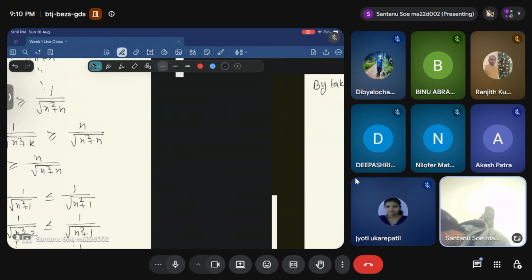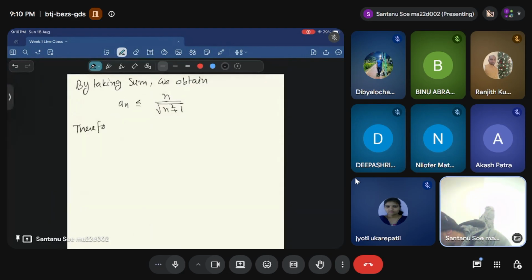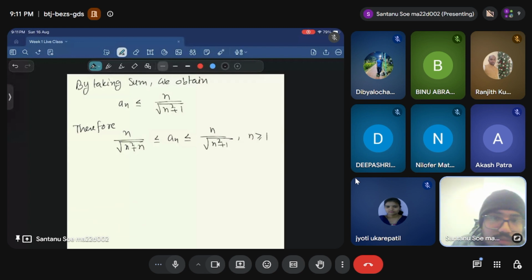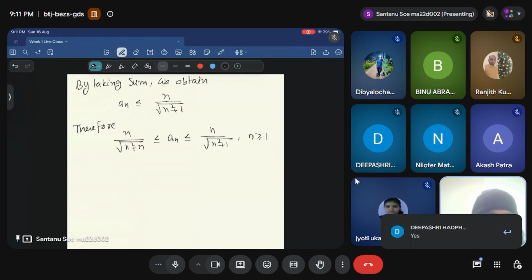So that means n divided by square root of n square plus n is less than or equal to an, which is less than or equal to n divided by square root of n square plus 1. Correct? Is this clear to everyone? If this is clear, then there is nothing more to solve. We can just take the squeeze theorem, right?